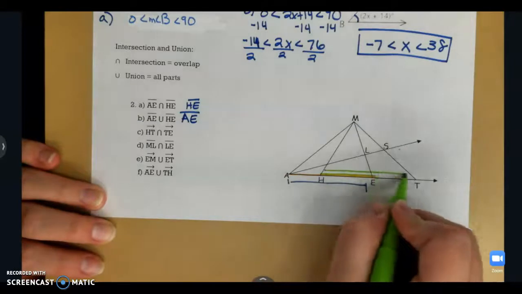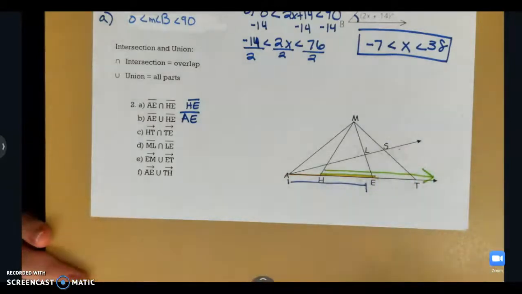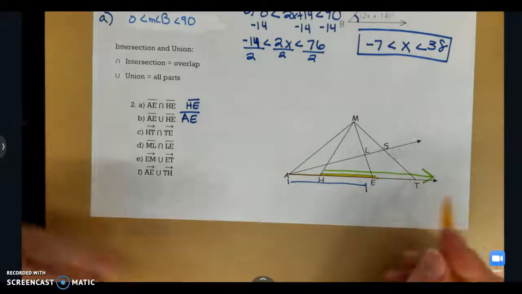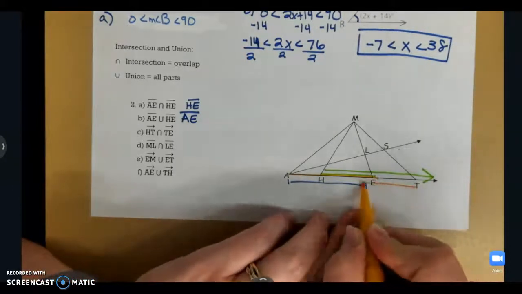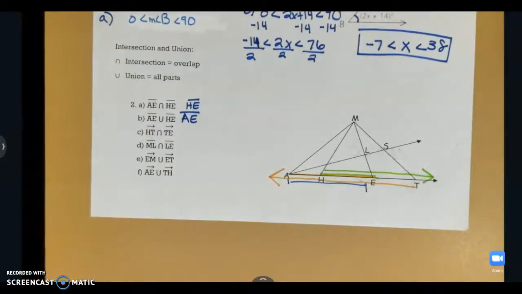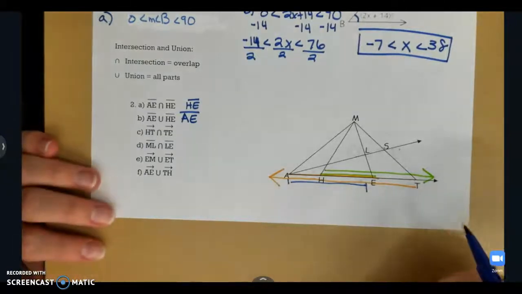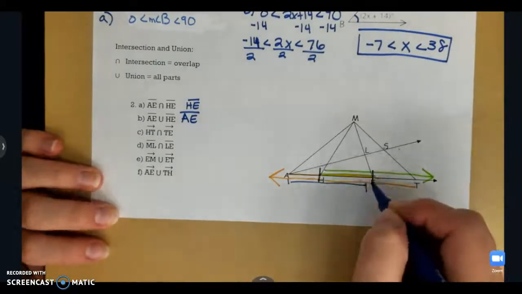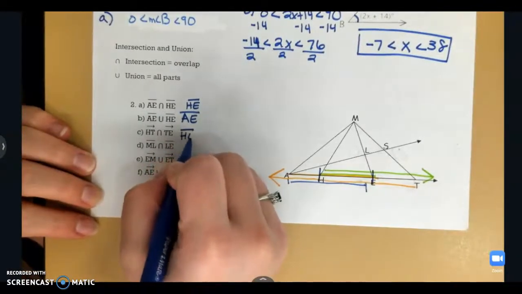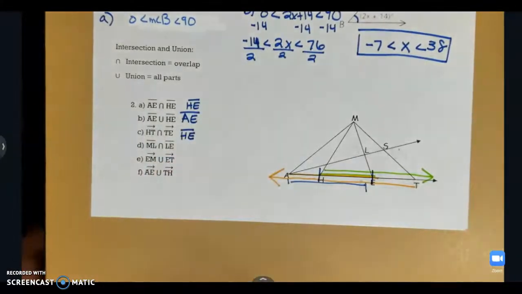So that would be ray HT here in green, all the way off to infinity, and ray TE. And I'm going to draw that here in yellow. So TE starts at T and goes off to infinity that way. So the intersection, where they overlap, is going to be from here to here. HE, segment HE. The intersection.